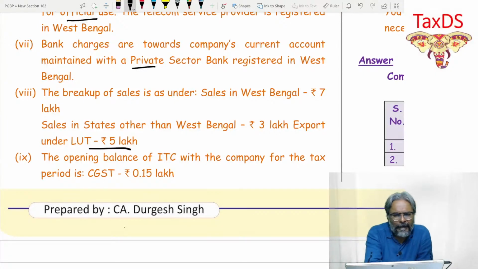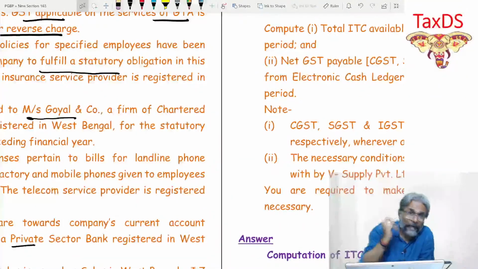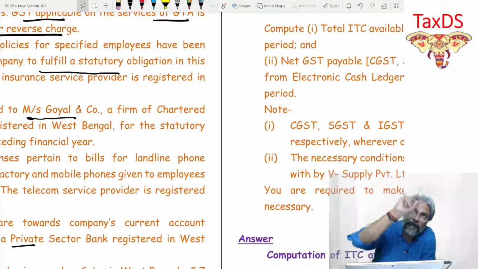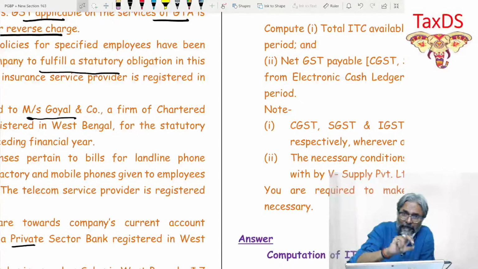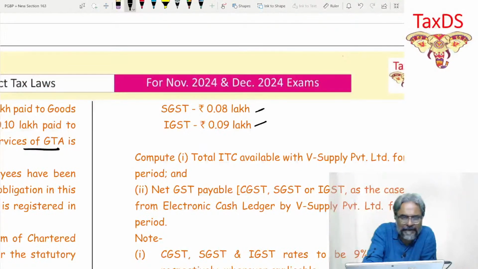The opening balance of ITC with the company for the tax period, CGST. So therefore, this will be in the ITC statement that you will prepare for that particular period. First would be the opening balance, and then all the items that we've discussed will fall one by one. SGST and IGST. Compute the total ITC available.